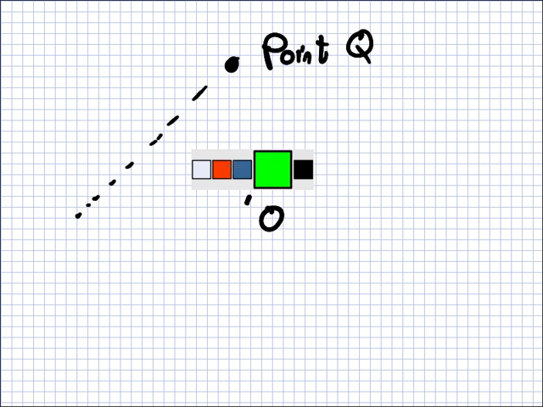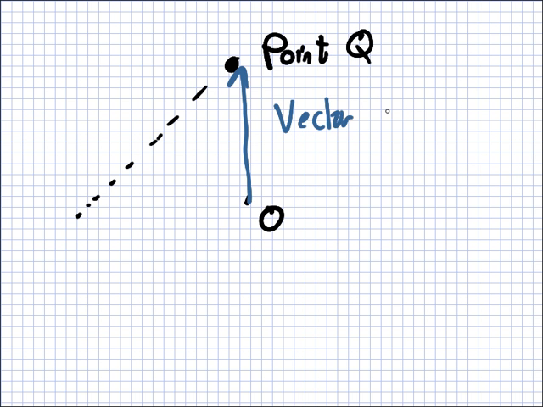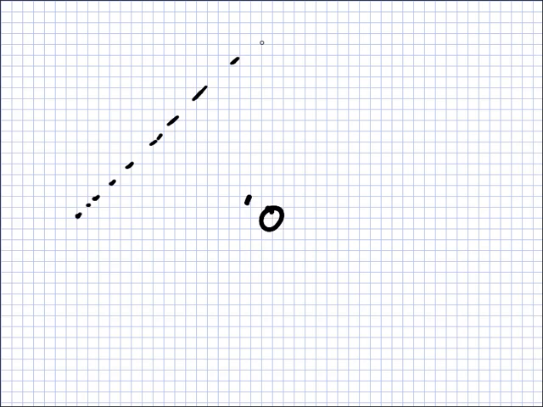Let me explain. I understand now. Suppose I call this point Q. That is different to vector Q. So this vector Q is here. This is point Q. So in my picture here, I'll try and explain it better.